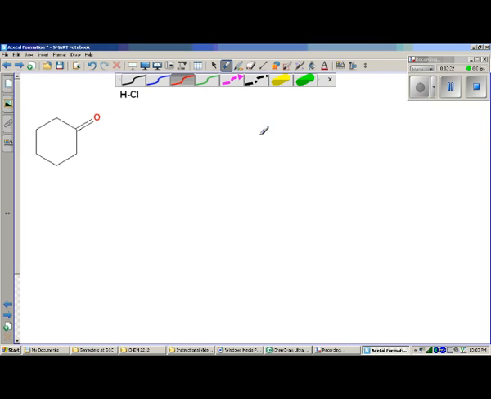Okay, so anytime we have an oxygen and an acid, it's always going to do the same thing. The electrons on the oxygen are going to say, hey, I like you, and I'm going to go grab you. So they grab the hydrogen, in this case from the HCl. And so what we get is our protonated cyclohexanone, I should say.